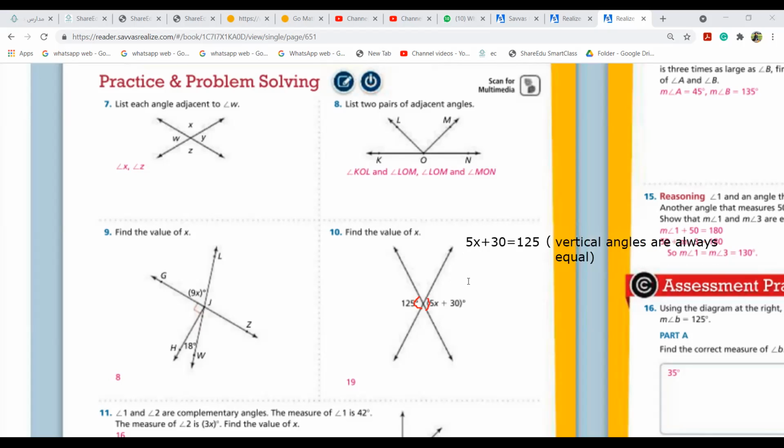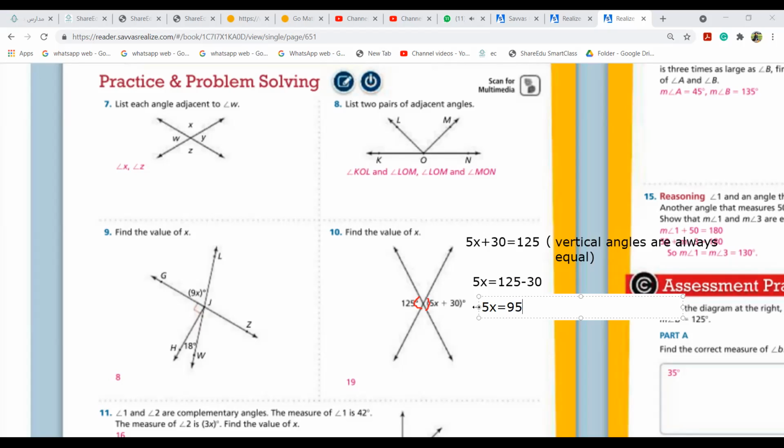So of course, when I want to compare it, I will send 30 to the other side. 5x equal 125 minus 30 because I want to find out x. What is 125 minus 30? Please calculate with a calculator. I guess it's 95.